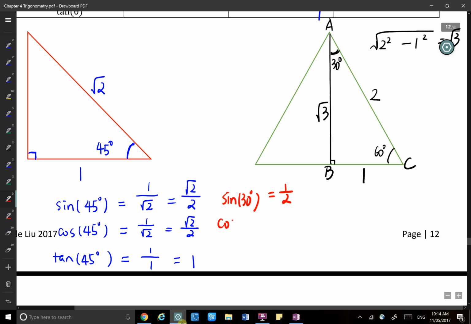What is cosine 30 equal to? √3 over 2. Okay, cosine here over here. Tangent 30? 1 over √3. I would say that's √3 over 3.